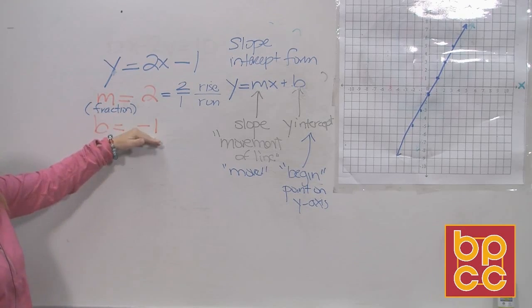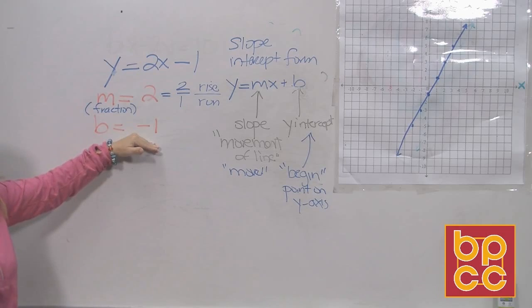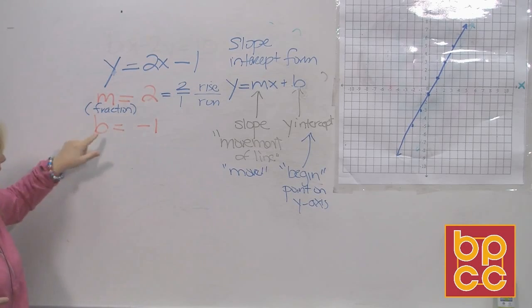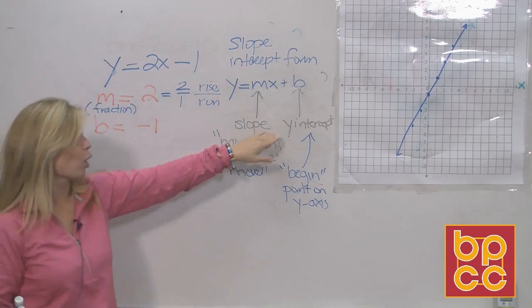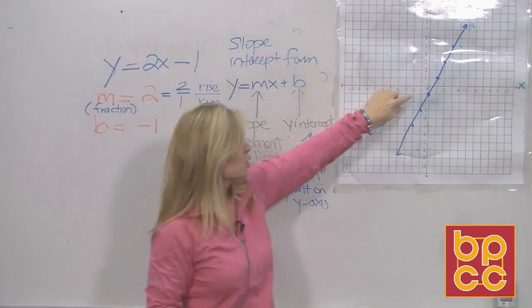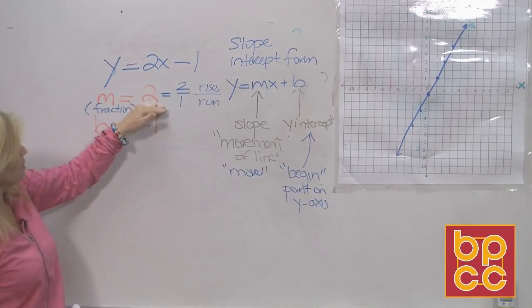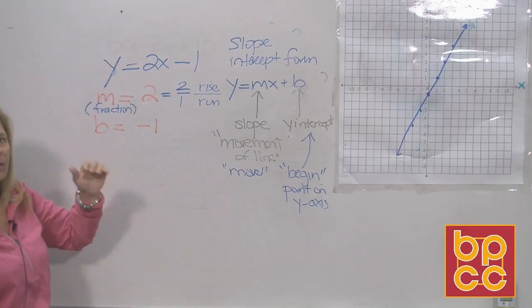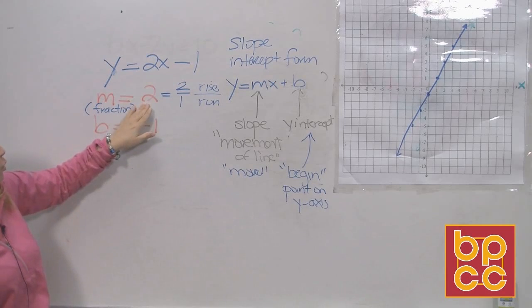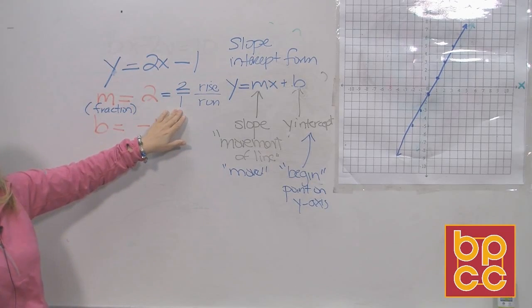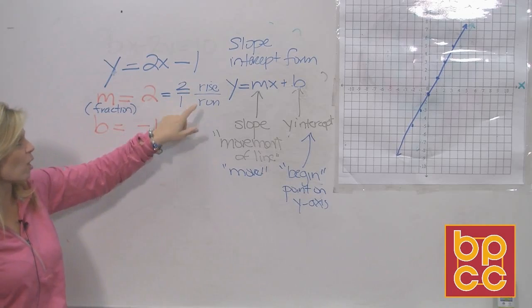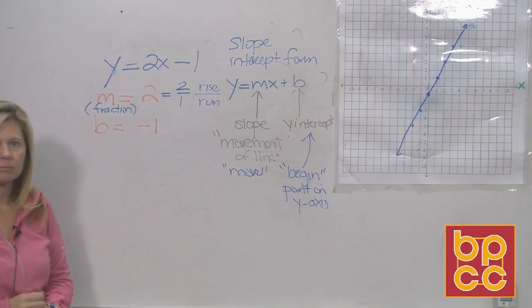You always begin on which axis? The y-axis, because this letter b stands for the word y-intercept. So we begin on the y-axis at -1. M stands for slope. Slope is movement. Because slope is movement, we have to write it as a fraction. And if you remember rise over run, you can't screw that up.